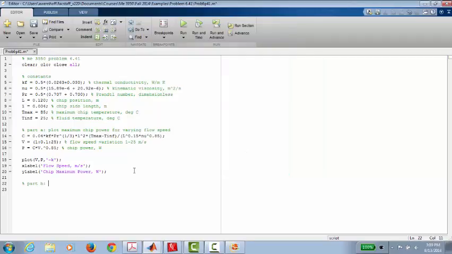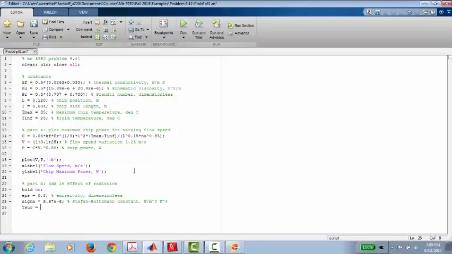Now for part B, we're going to add in the effect of radiation. To do this, we're going to use hold on. This will hold the plot, and we're just going to plot on top of it. We're going to provide an emissivity of 0.8. We're going to provide a Stefan-Boltzmann constant of 5.67 times 10 to the minus 8 watts per meter squared Kelvin to the fourth.